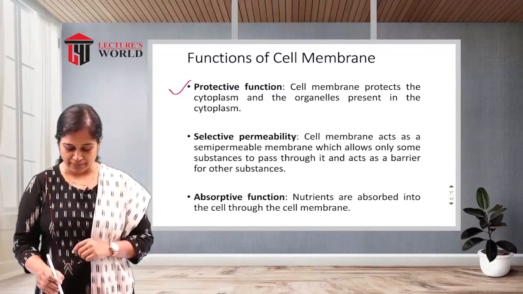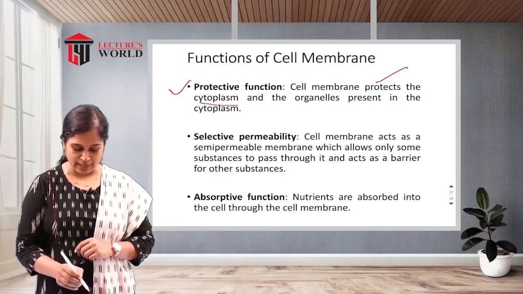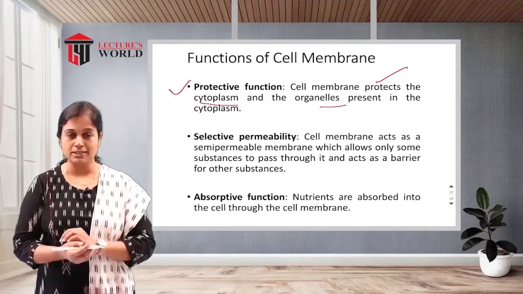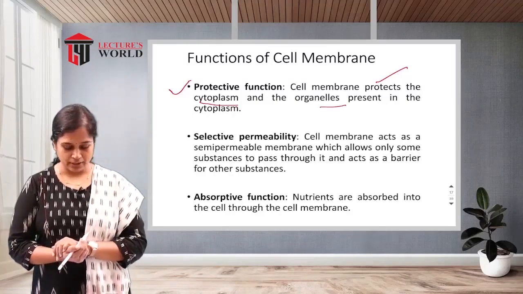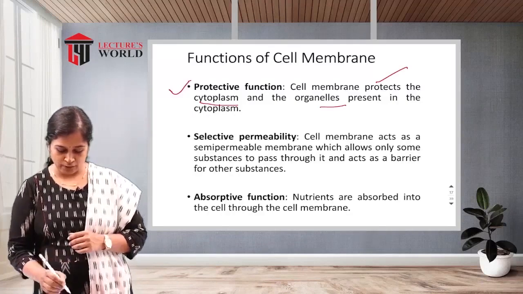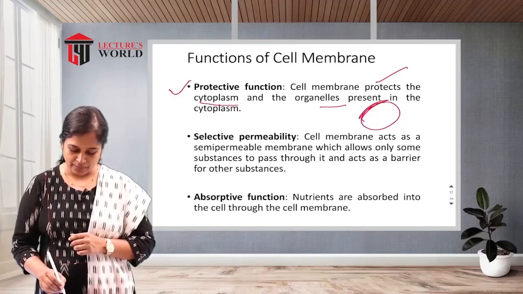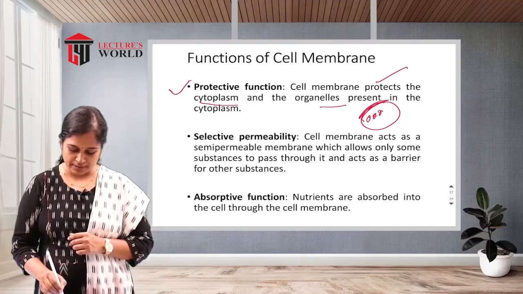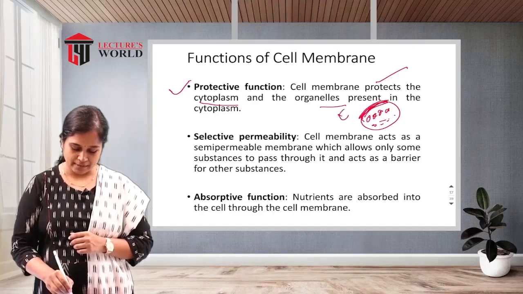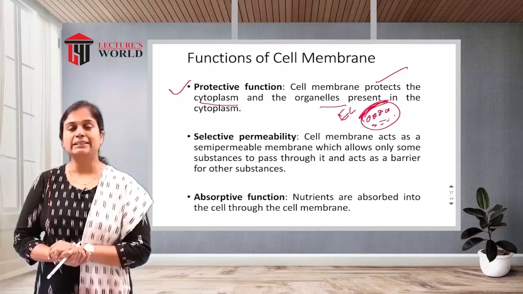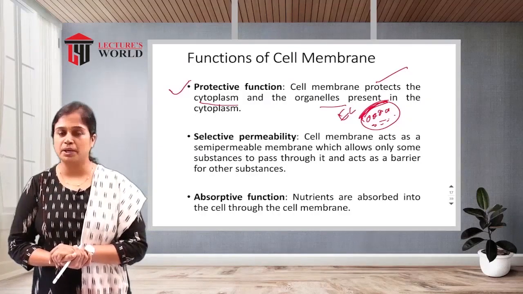The cell membrane protects the cytoplasm and the organelles present in the cytoplasm. You know this is a cell, and this cell membrane protects the small cell organelles as well as the cytoplasm from the extracellular environment.